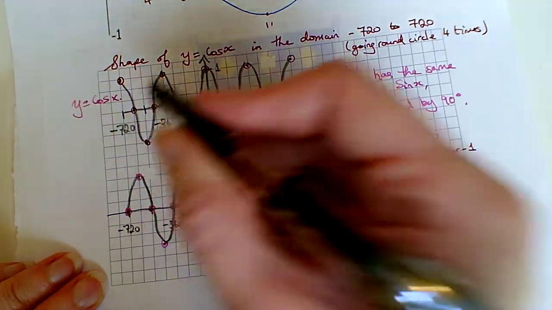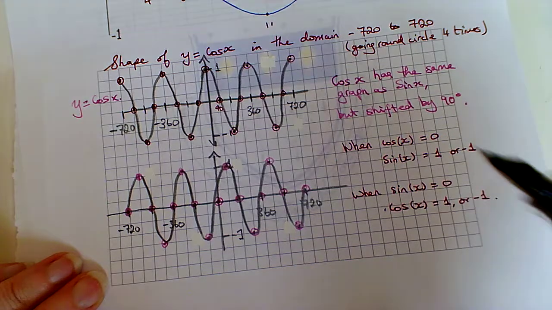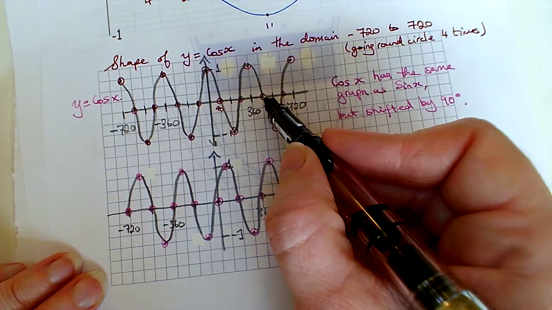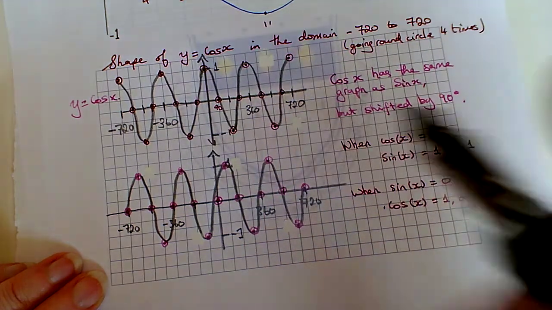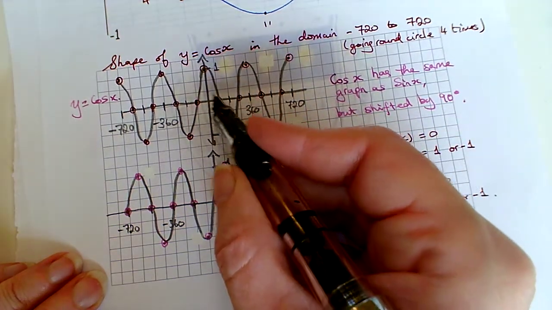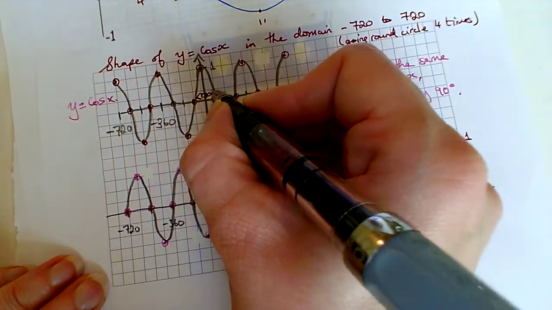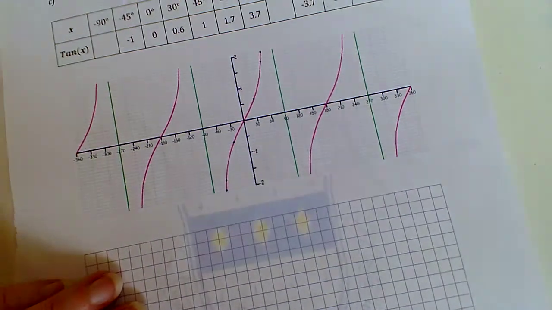Okay, so every 90 degrees, then plus 180, and plus another 180, and plus 180. So starting at 90 degrees, plus or minus 180 in either direction. That's what's going on there.